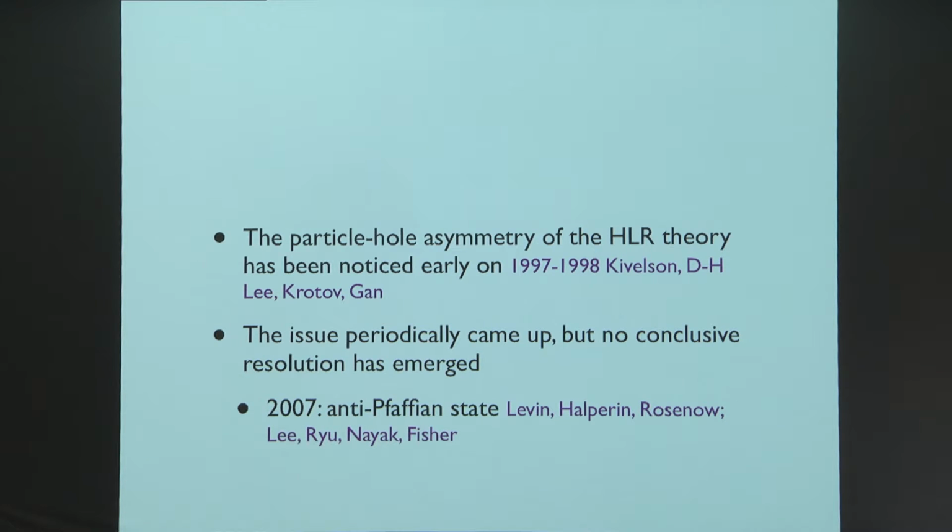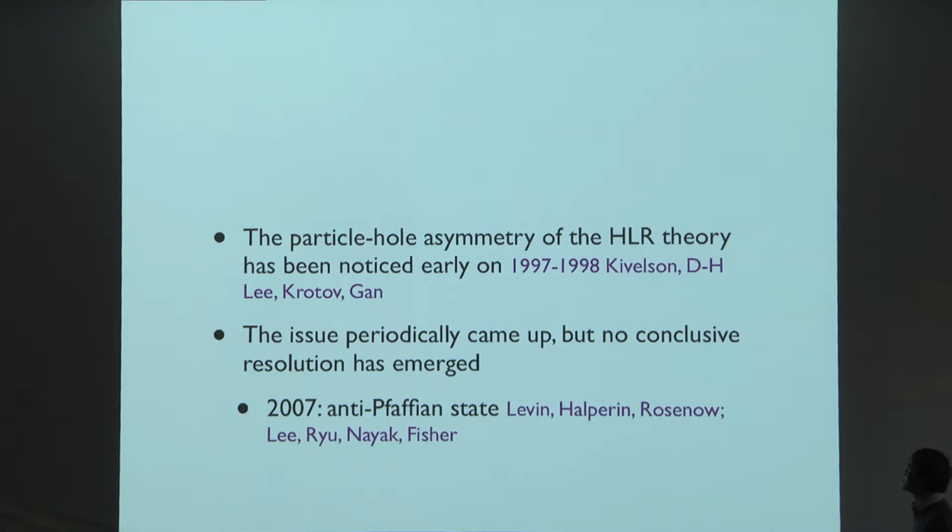The particle-hole asymmetry of the HLR theory has been noticed very early on in a paper by Kivelson and collaborators and others. This issue periodically came up in the literature, but there has never been a conclusive resolution of the paradox until very recently. The issue came up sometimes with better understanding of the physics of the quantum Hall effect.